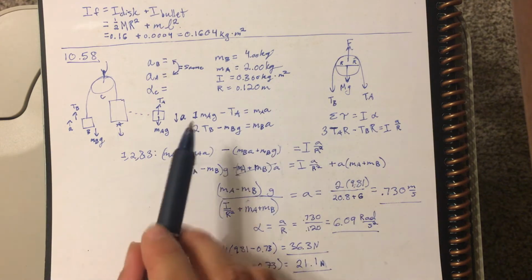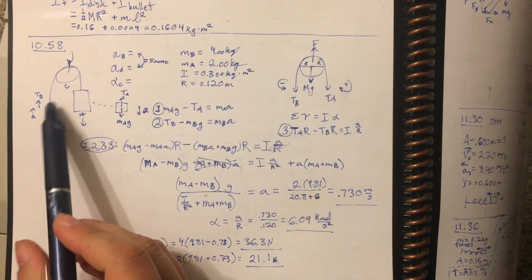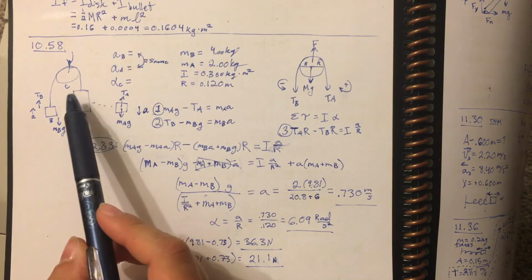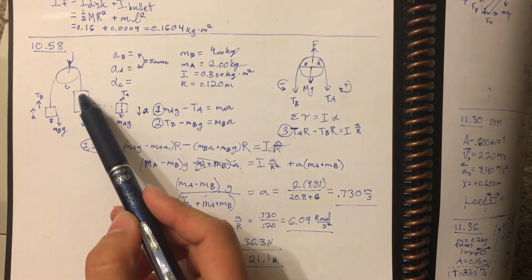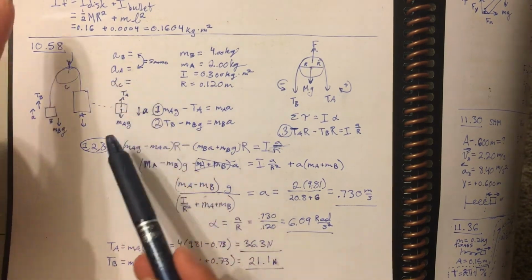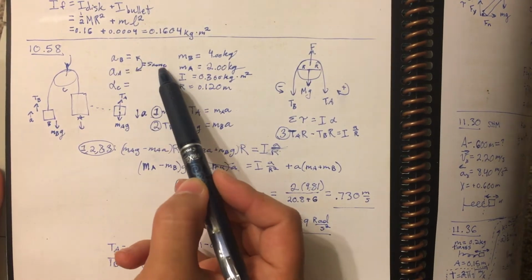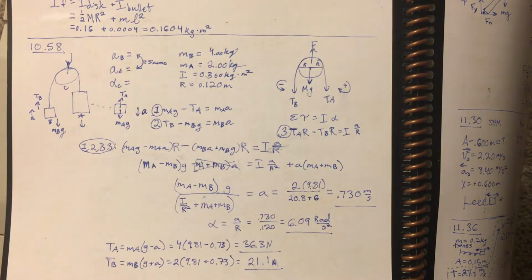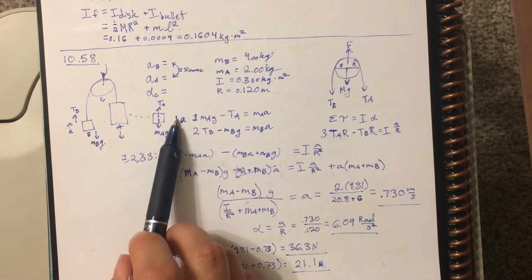Okay, and remember that because block B is connected to block A by a string, the acceleration of A is going to be equal to the acceleration of B, because they're going at the same rate, right? So A and B's acceleration is the same. So from this side, free body diagram, you've got acceleration.